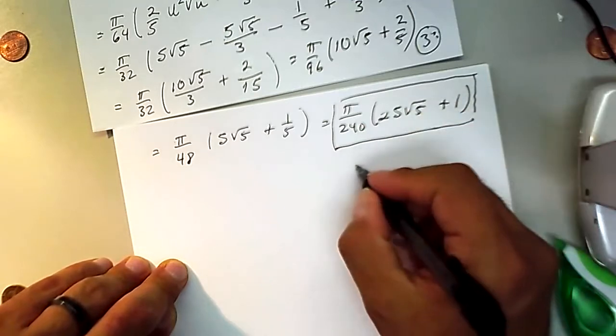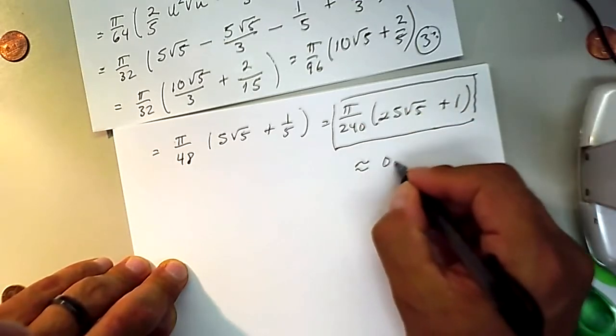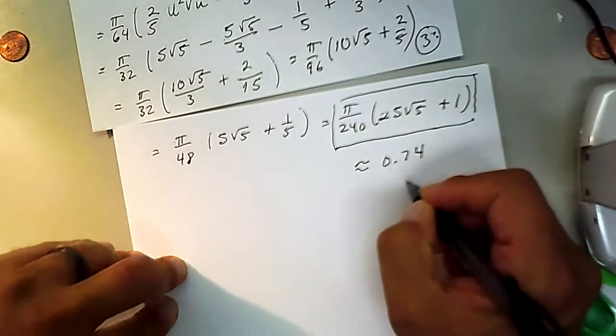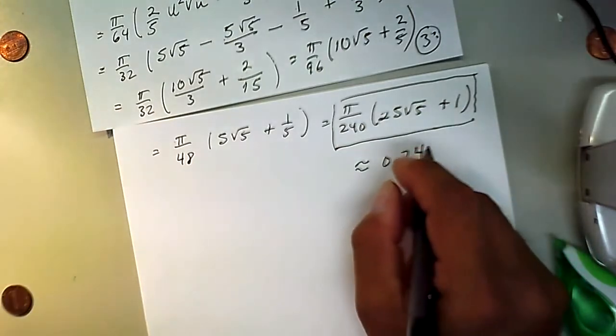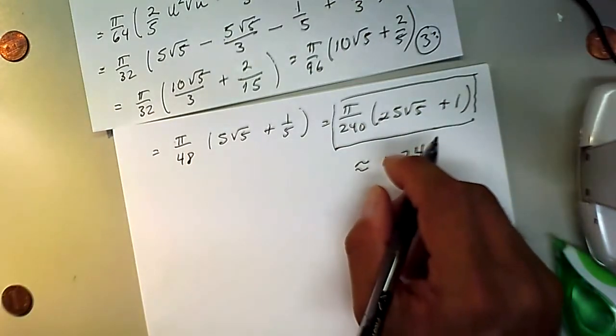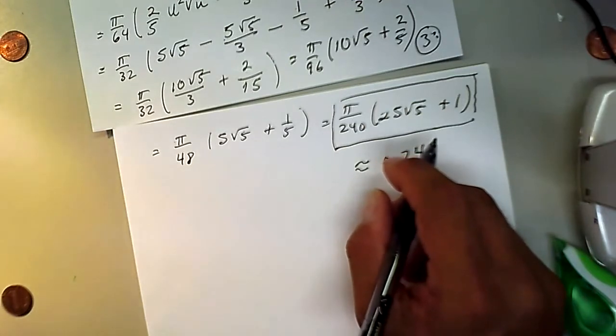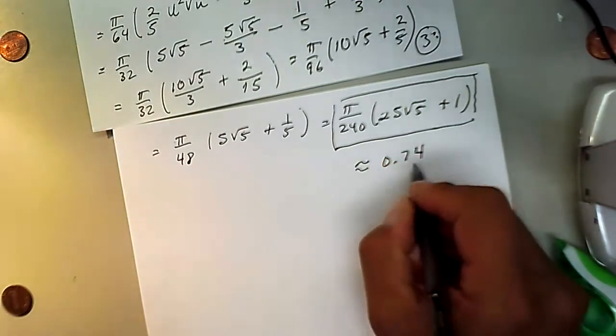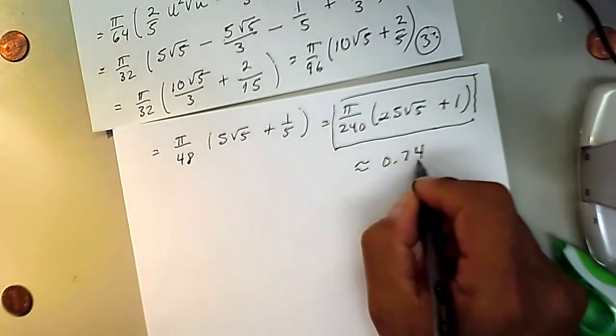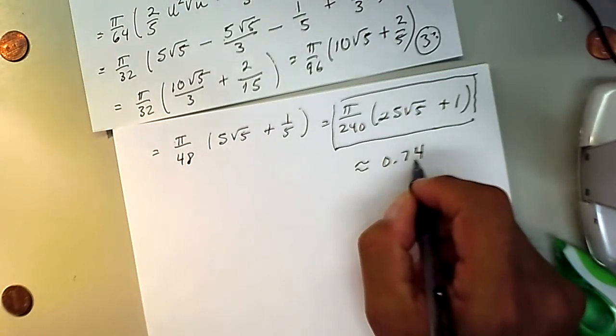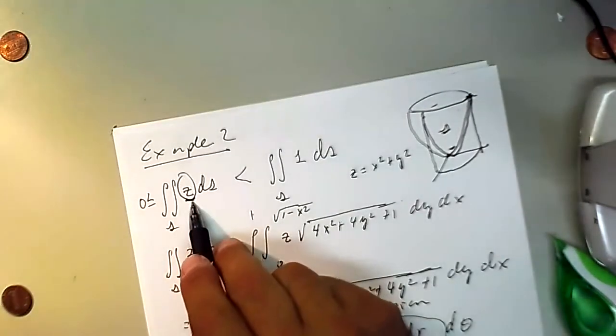And by the way, that is about 0.74, which makes sense because the answer, for example 1, was about 1.33. So we're getting less than what we got in example 1, because in example 1, the function that we are integrating is 1.